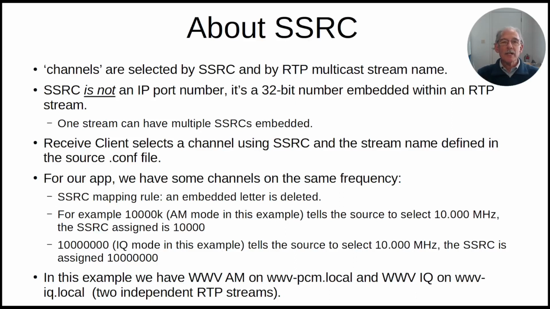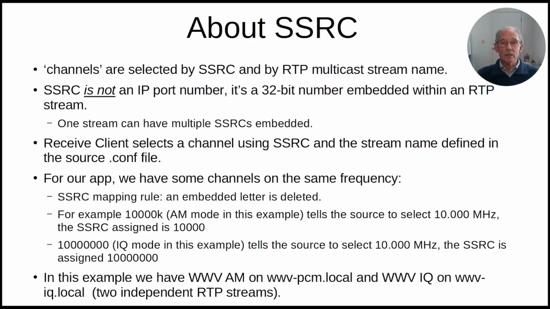The SSRC mapping rule is an embedded letter is deleted. So for example, 10,000 K or 10,000 kilohertz, which is from the AM mode of our example, tells the source to select 10 megahertz, but the SSRC is assigned a value of 10,000.